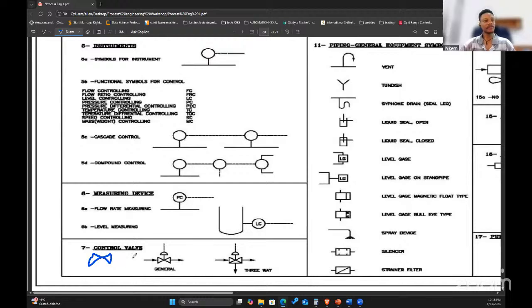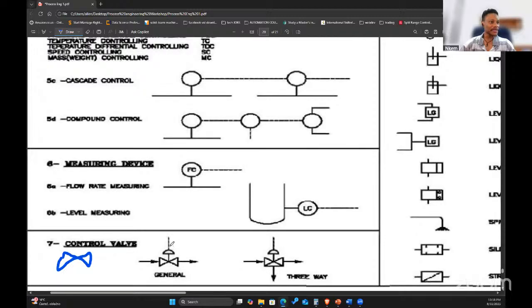This is just a normal valve. It's not a control valve. This is a manual valve. But the moment you have this above it, it is a control valve. If you look up here, I'm going to zoom in a bit. This line, they are broken lines. This line is an indication that this is a control valve. And for you to have a control valve, it means it receives a signal from somewhere. It needs to receive an electrical signal.